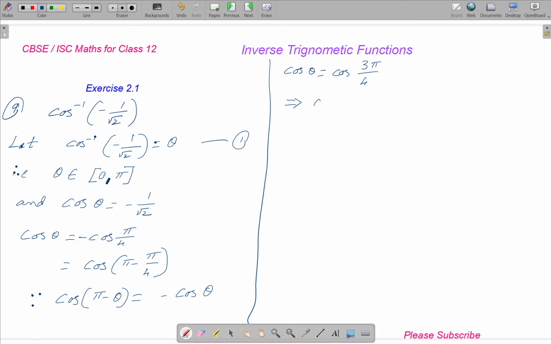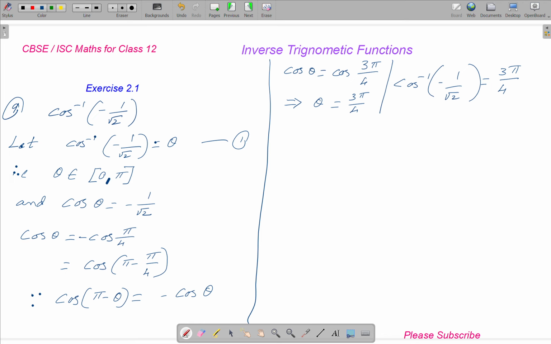That implies theta is equal to 3 pi by 4, and cos inverse minus 1 by root 2 is equal to 3 pi by 4.